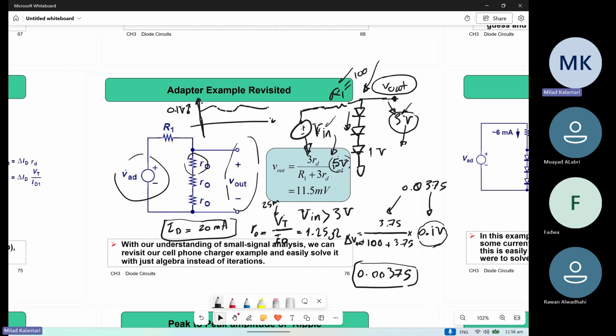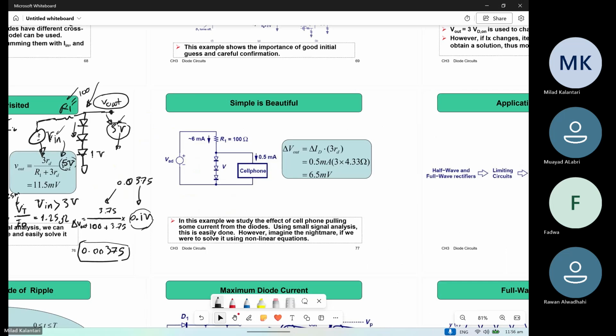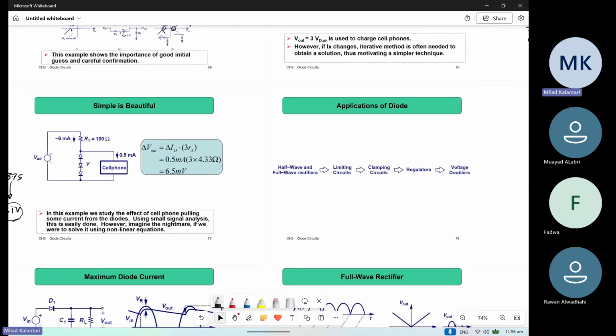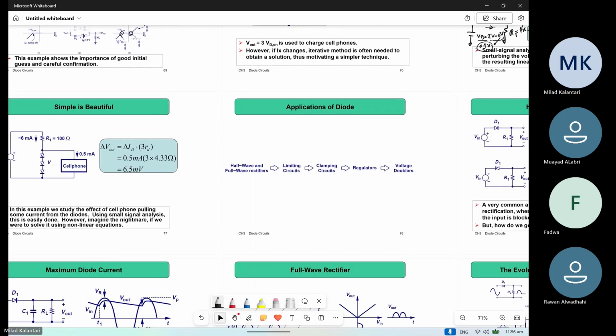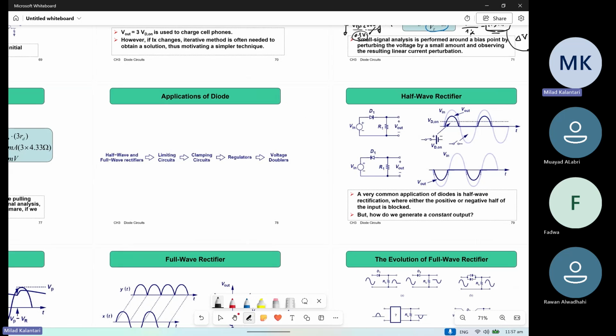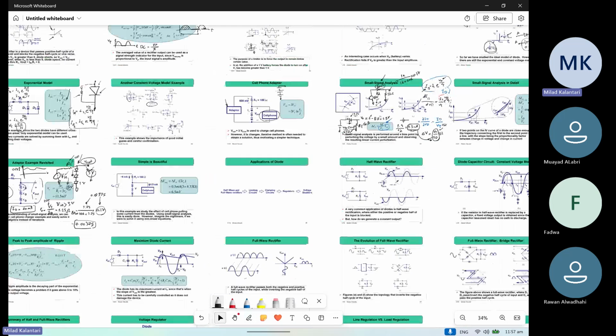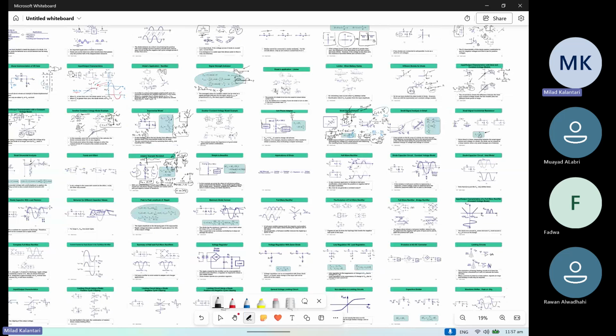Yeah, okay. So maybe, yeah, this is just describing the same thing. We stop maybe up to here for today. We'll continue with the rectifiers, and there is not too much left for the diodes.